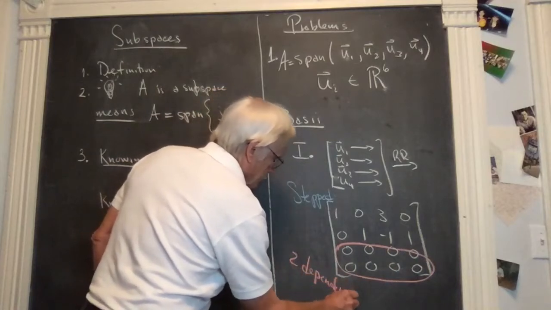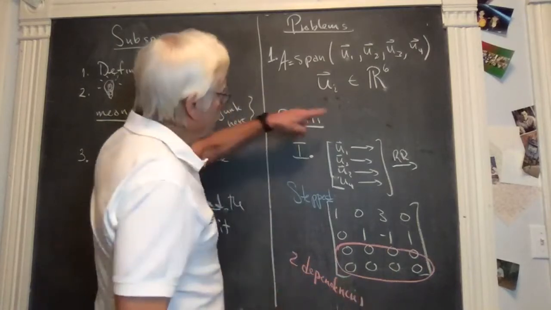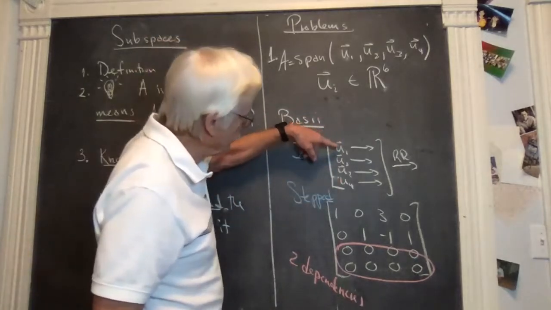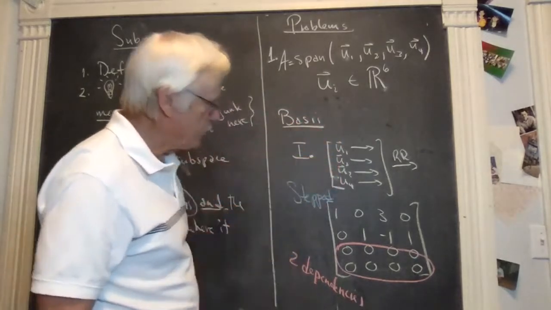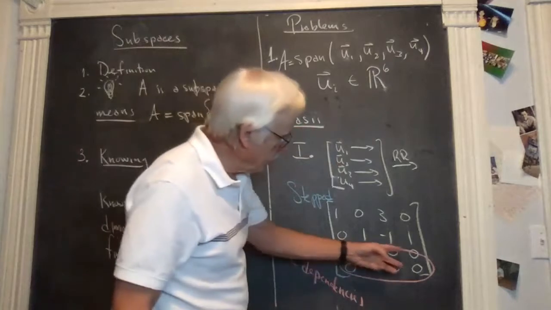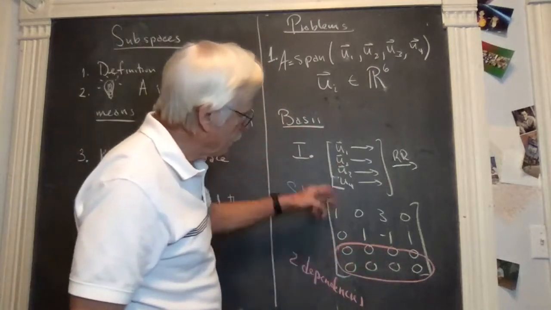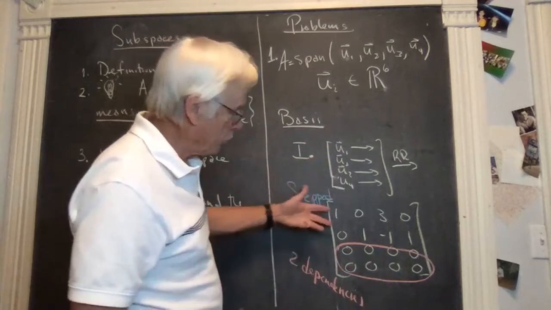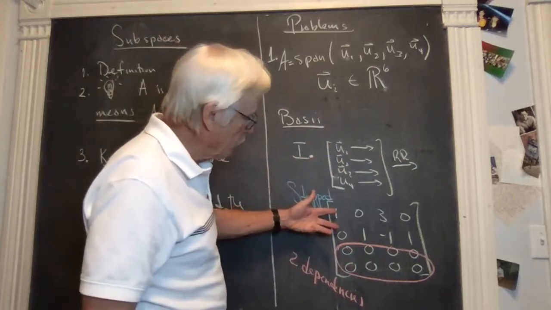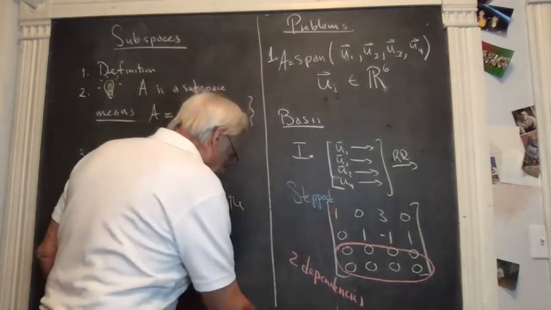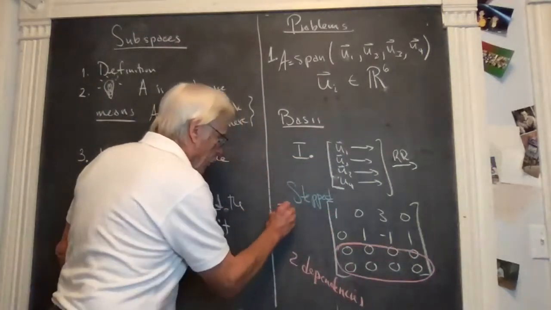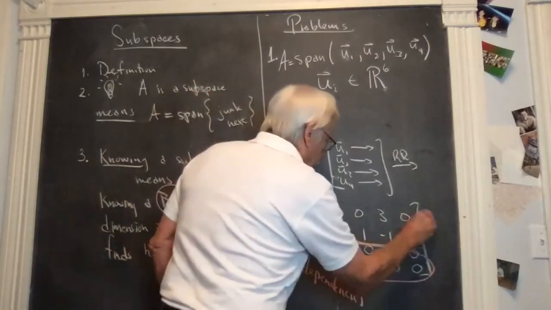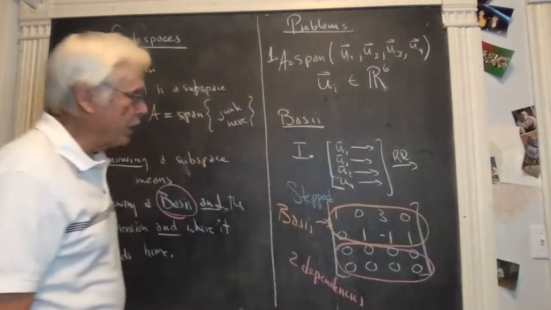Among these U vectors, there are two dependencies. So it means that two of these are linear combinations of the others. So you have to discard those if you want a basis. But more than that, it tells you that these vectors right here are a basis. These two vectors, which I wrote as rows, are a basis.